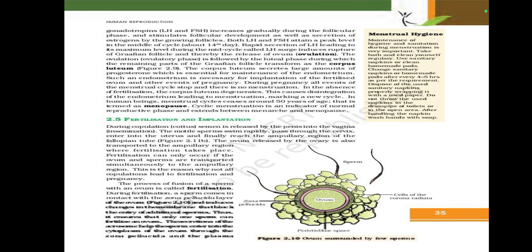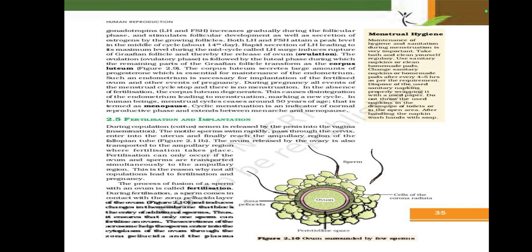Fertilization and implantation. During copulation, coitus, semen is released by the penis into the vagina, called insemination. The motile sperms swim rapidly, pass through the cervix, enter into the uterus, and finally reach the ampullary region of the fallopian tube, figure 2.11b.